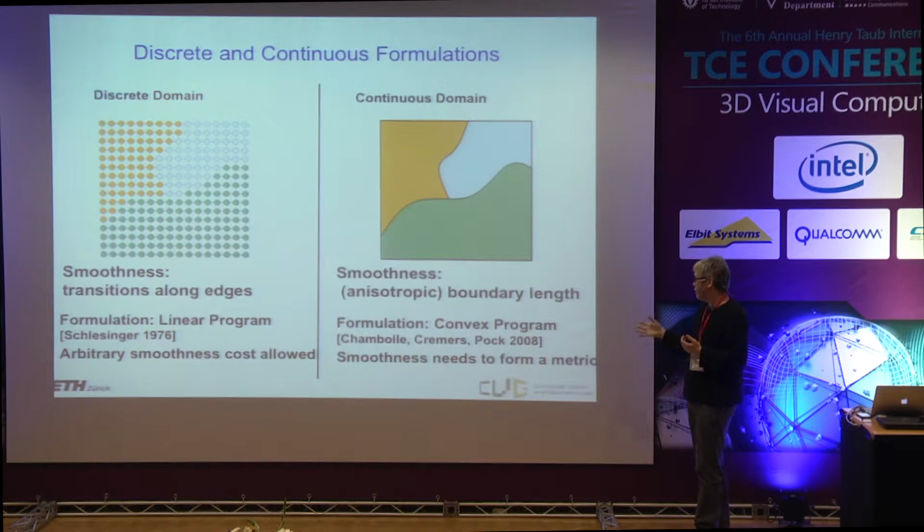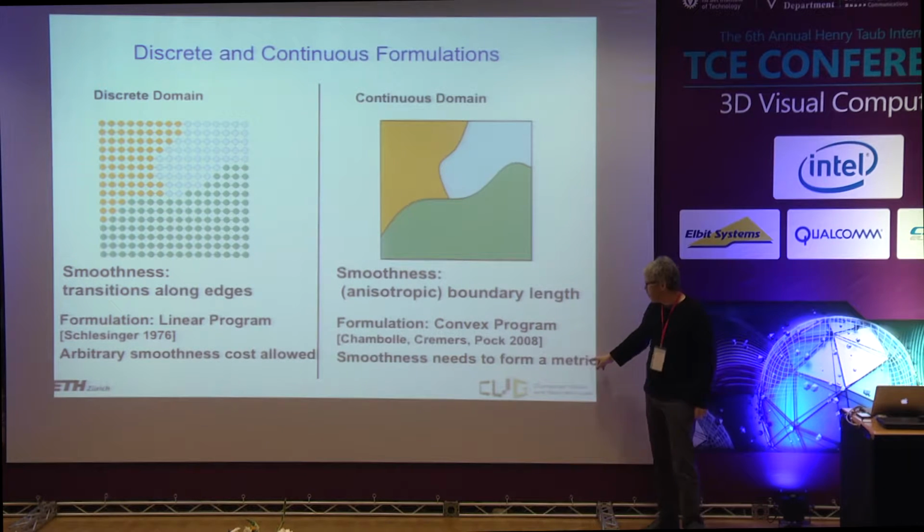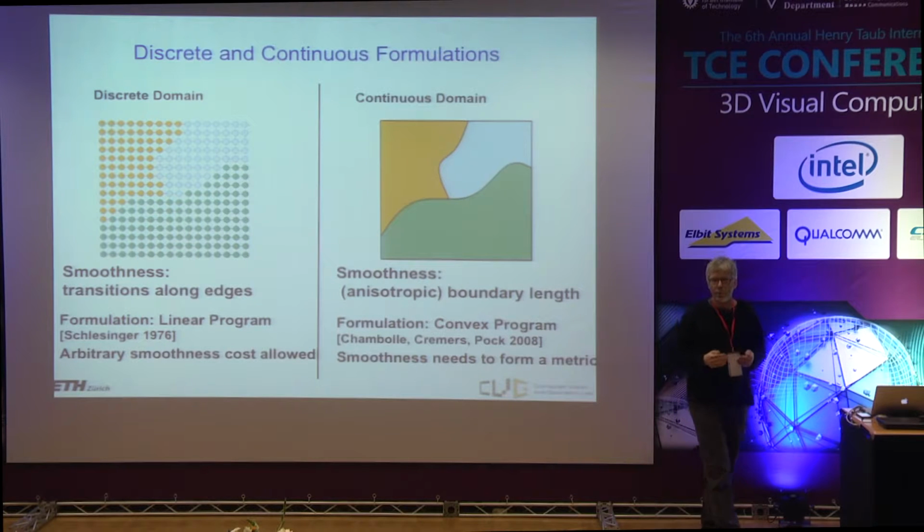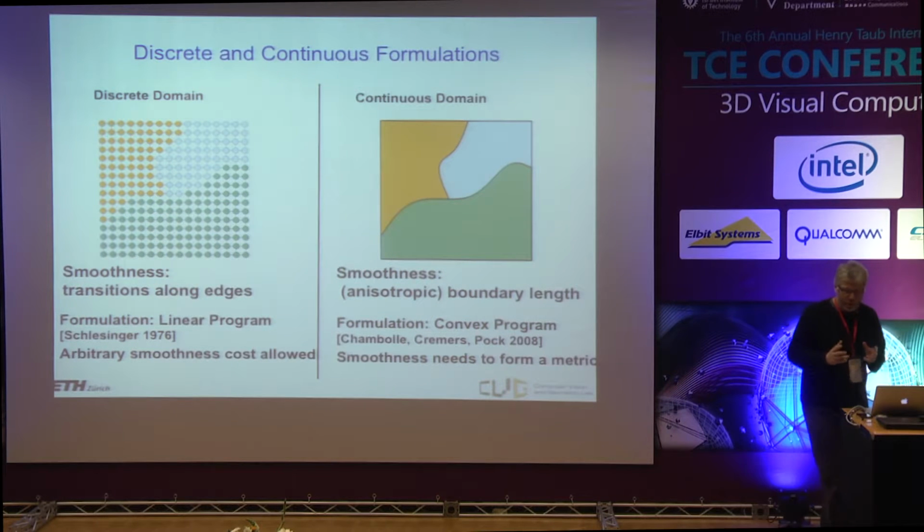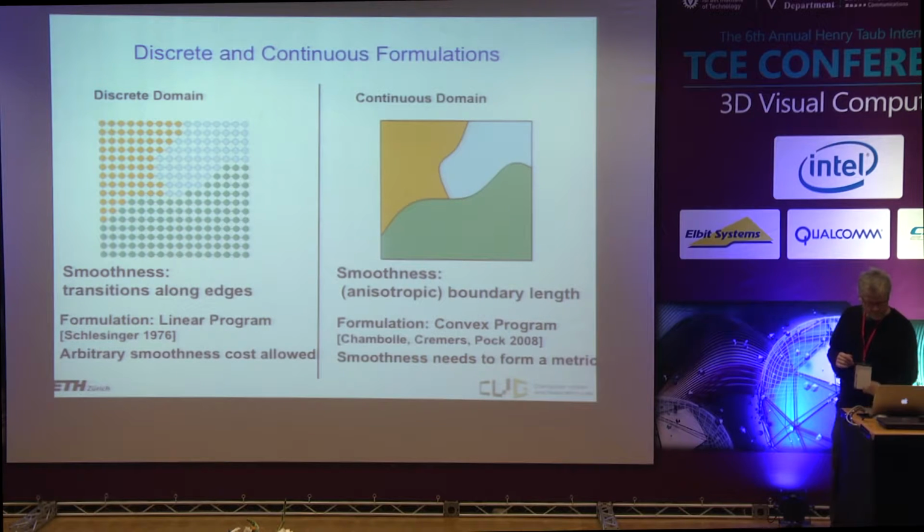But one issue is that the smoothness needs to reduce to a metric, meaning that if you transition from label 1 to label 2 and then from 2 to 3, it's always cheaper to transition directly from 1 to 3. And that's something that, for some of the things we do, is actually a disadvantage.